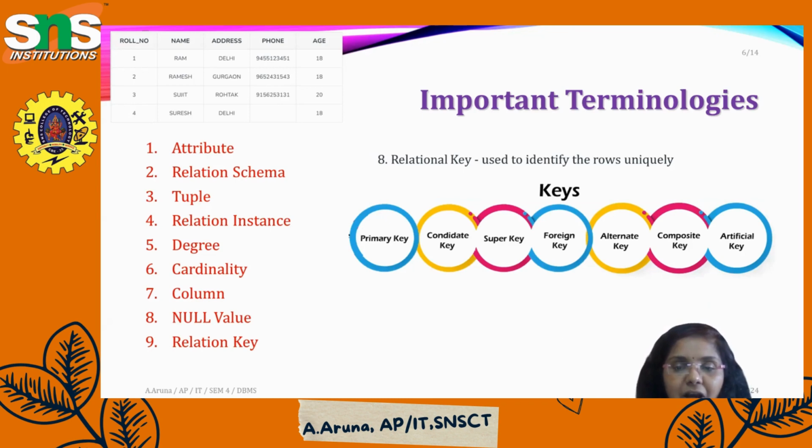There are 7 different types of keys: primary key, candidate key, super key, foreign key, alternate key, composite key, and artificial key. These keys are majorly used while creating relationships between tables in a database, and also for uniquely identifying the data.